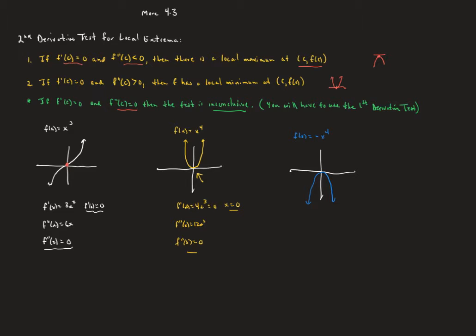And in the case of negative x to the fourth, again, this will have a critical point at 0, because 0 makes that first derivative equal to 0, and likewise, the second derivative evaluated at 0 is 0, but we can see here we have a relative maximum.